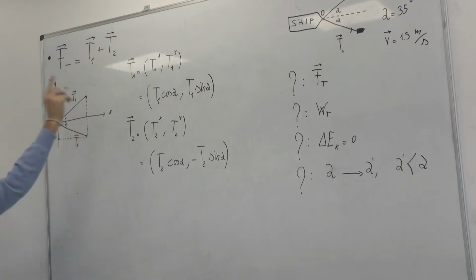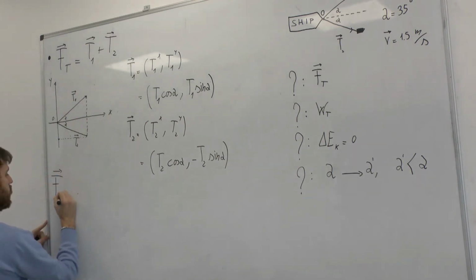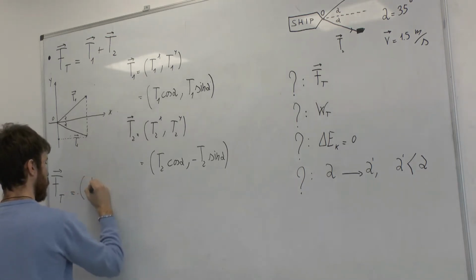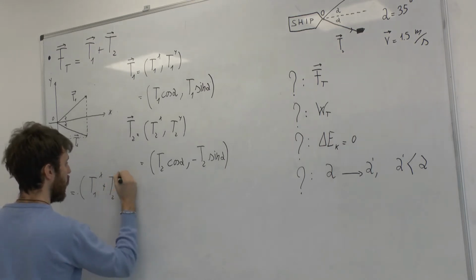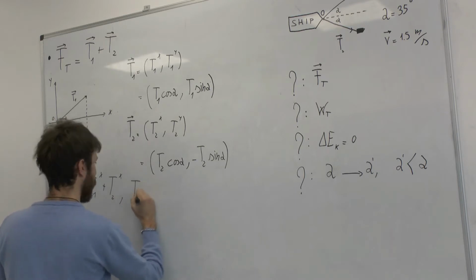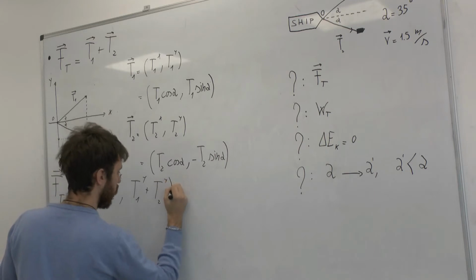Okay, so we can put it all together, and Ft, the pulling force, is T1x plus T2x on the x component, and T1y plus T2y on the y component.